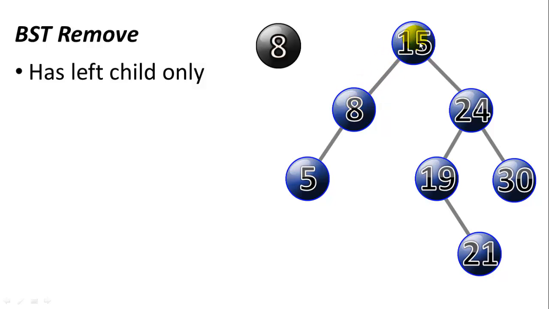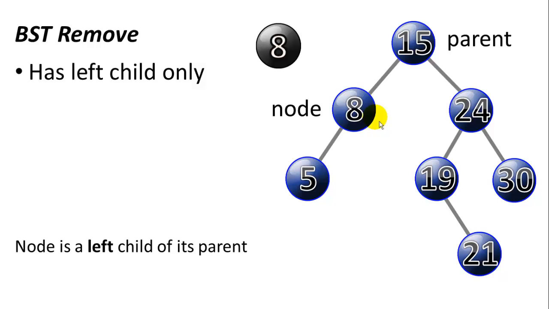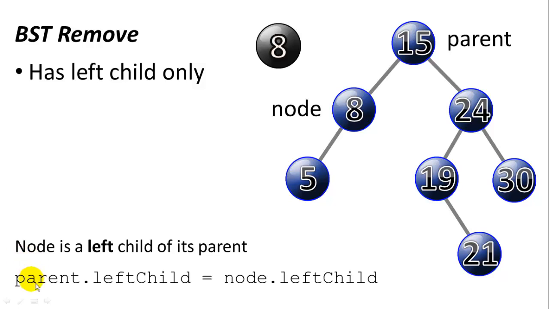In this case, 8 is the left child of its parent, and we can simply do parent.leftChild equals node.leftChild. In other words, 15's left child equals 5. That basically cuts node 8 completely out of the picture, and it promotes node 5 up to that spot.